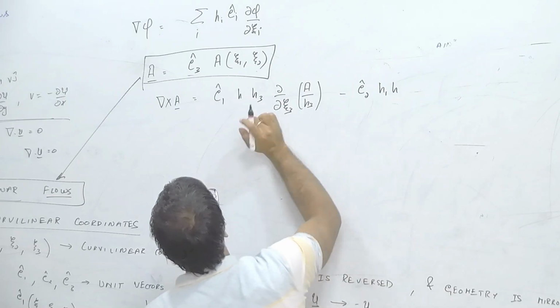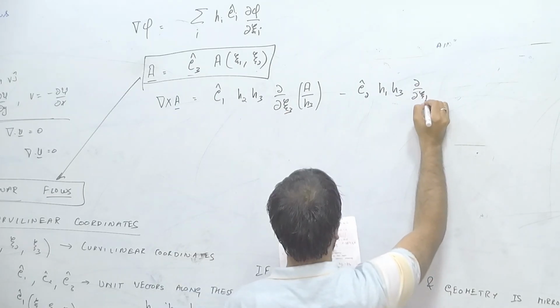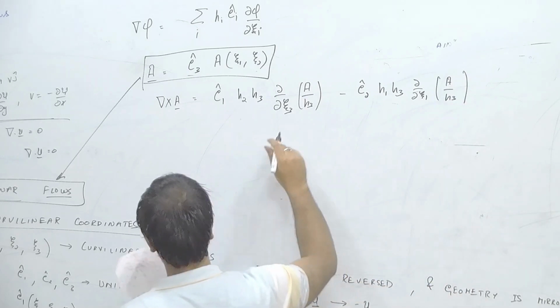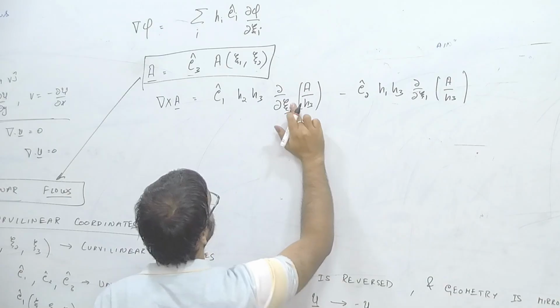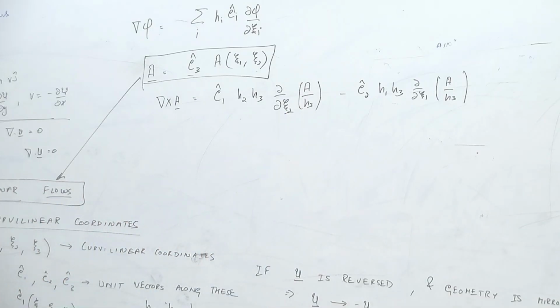This is H2, H3. This should be del by del C2. Now you should at least start seeing where I am getting at.